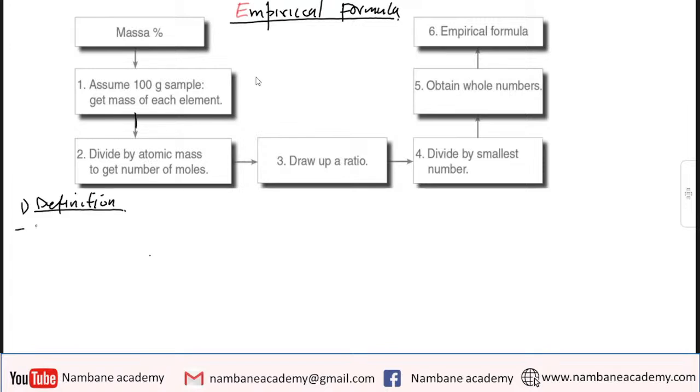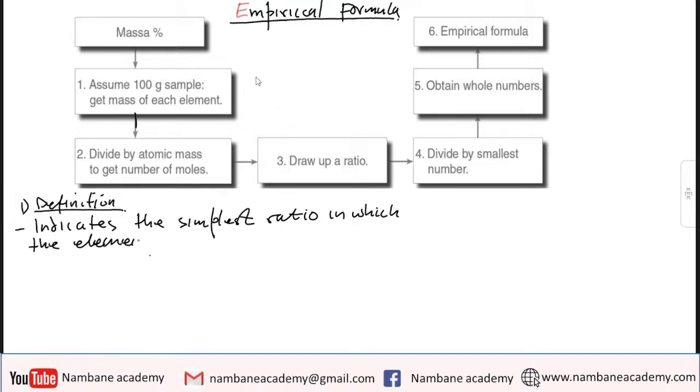Empirical formula indicates the simplest ratio in which the elements of a compound are bonded to each other.